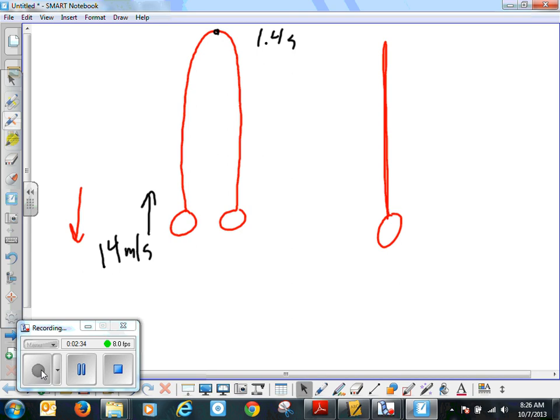You've done so much with this stuff. How long is it going to take to get down from the top to the bottom? Another 1.4 seconds, right?